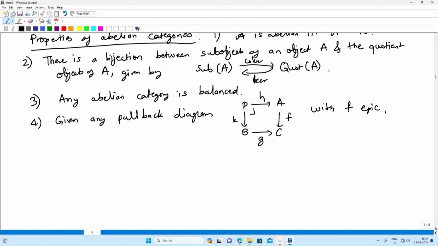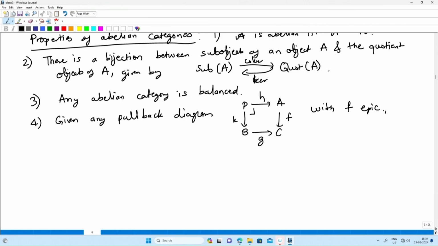Because monomorphisms are compatible with pullbacks. You remember we have done that. In any category, the pullback of a mono is mono. But here I am going to say something different. Given any pullback diagram with F epic, this square is also a pushout and K is epic.